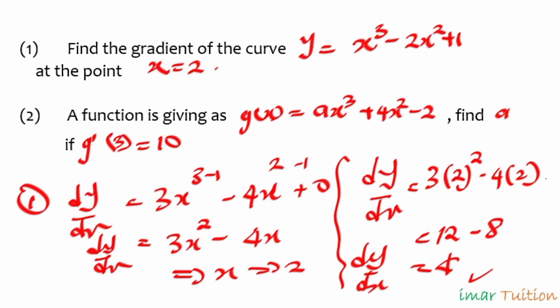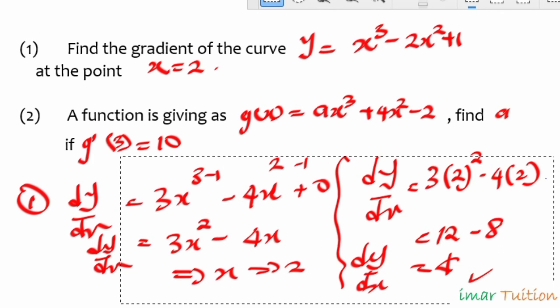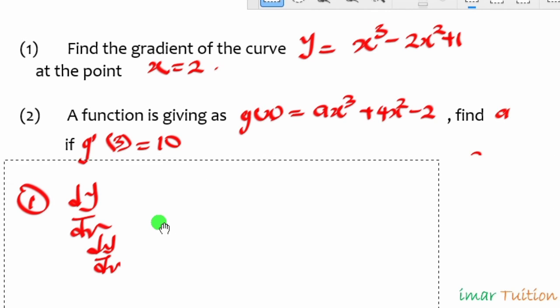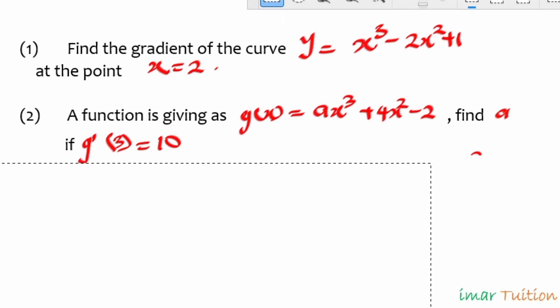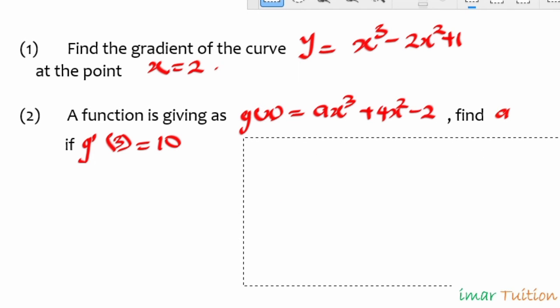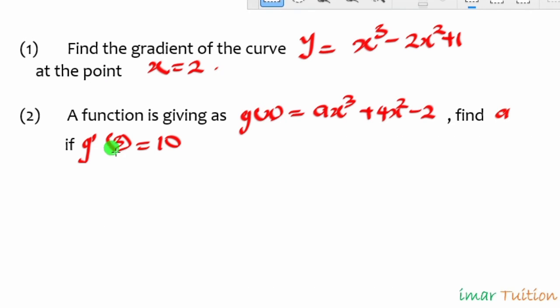In question 2 here, let's take this away from the screen. In question 2, we have a function given as g of x equal to a x to the power 3 plus 4x to the power 2 minus 2. Find a if g prime of 3 is equal to 10.